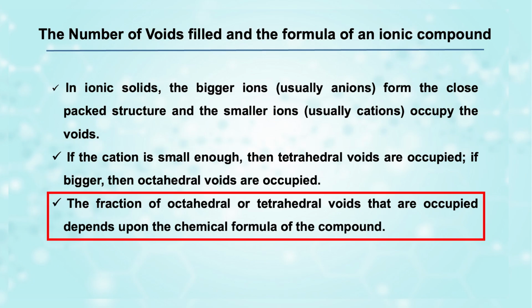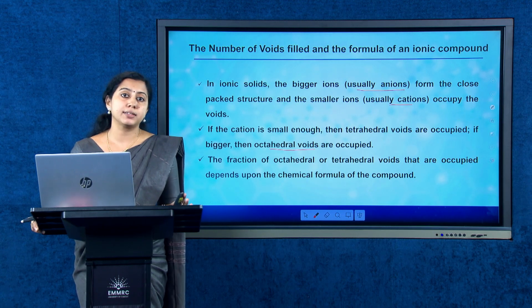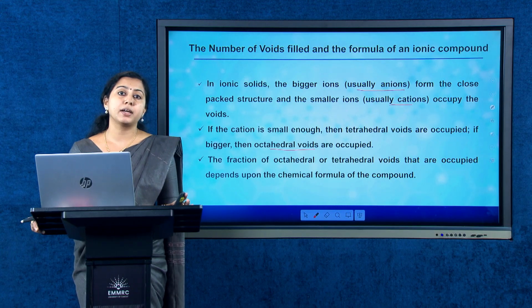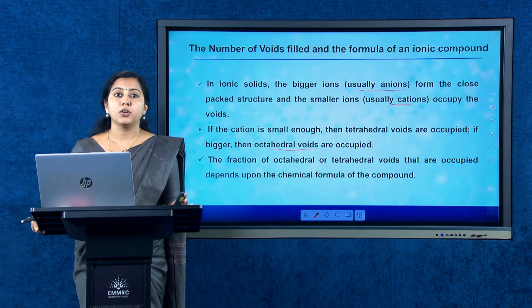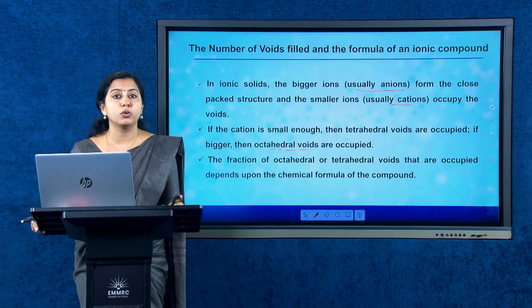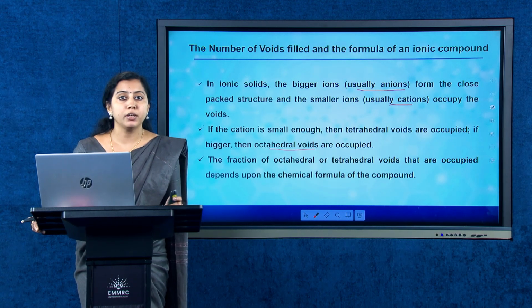The fraction of the octahedral or tetrahedral voids that are occupied depends upon the chemical formula of the compound. You should remember that it is not necessary that all the tetrahedral and octahedral voids are occupied.